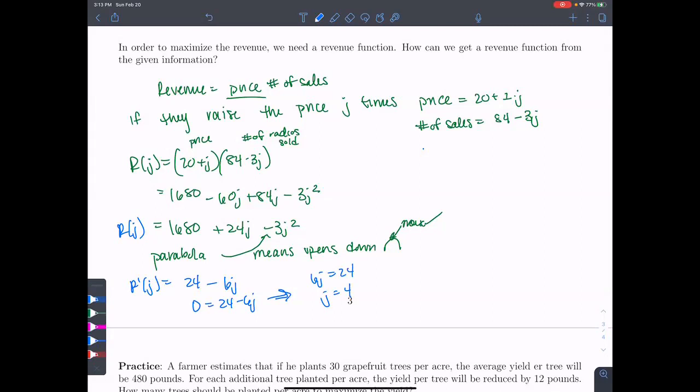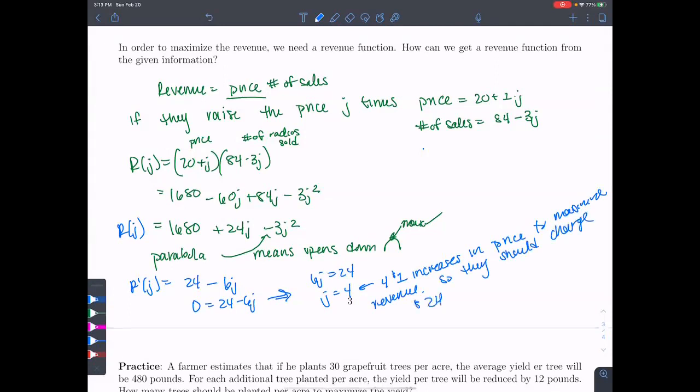So they should increase, this is 4 $1 increases in price, to maximize revenue. So they should charge $24 per radio.